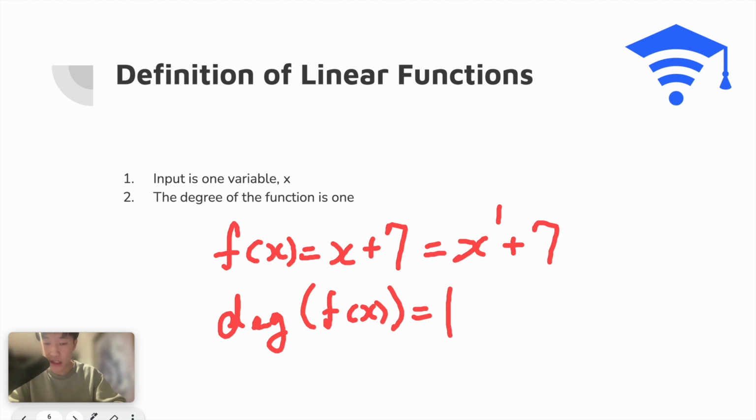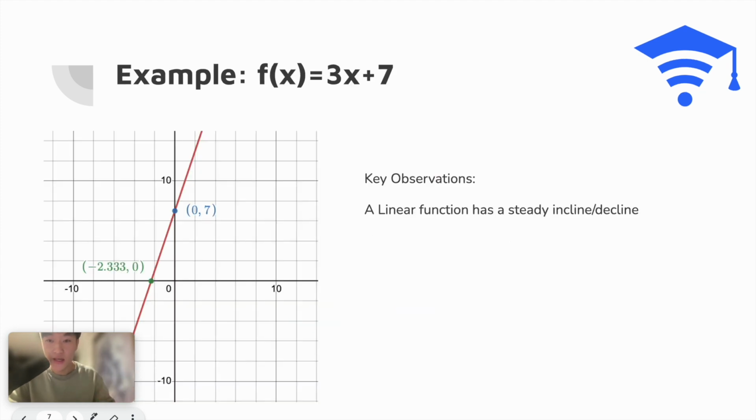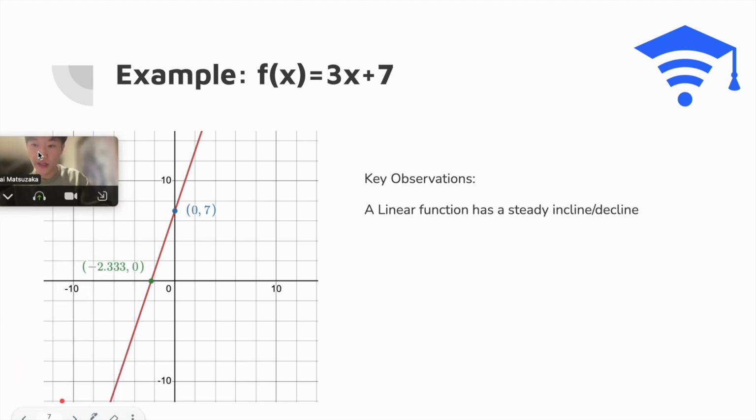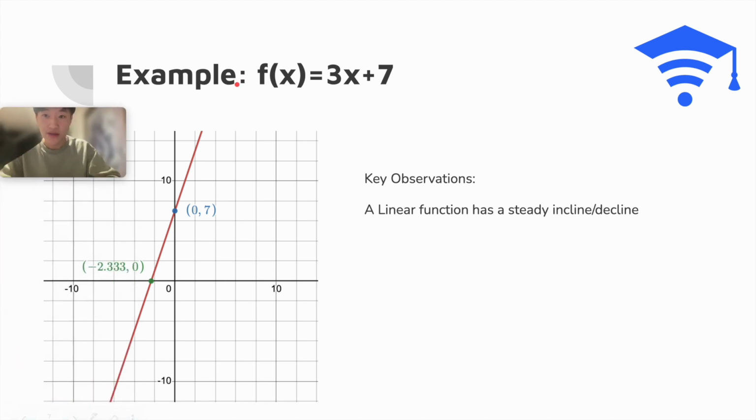So using this definition, we can actually properly check and identify linear functions. Here's a first example. Let me move my screen here. The example is f of x equals 3x plus 7, and I have just given the graphical representation of this, and you can see that, of course, it follows the intuition that a linear function should be like a straight line.